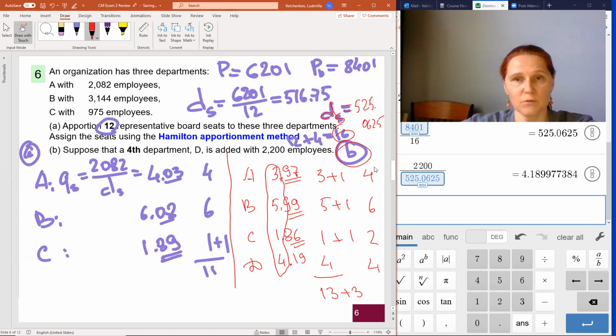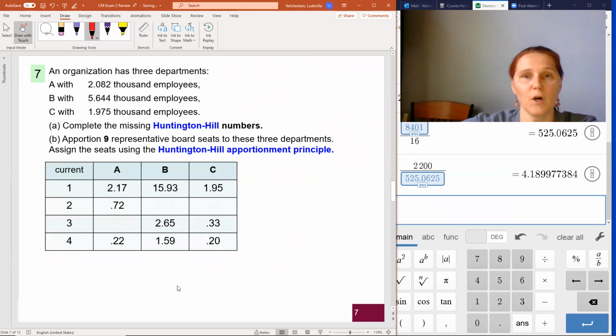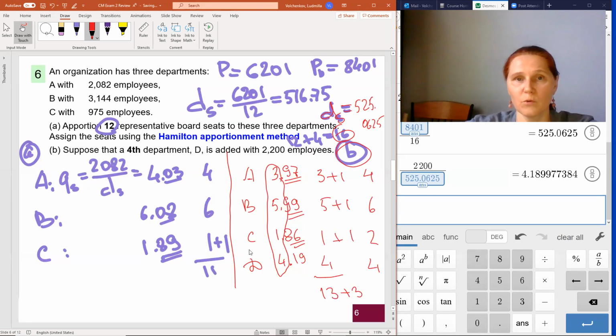You can answer that in this situation we don't, because all departments have the same apportionment 4, 6, 2 as before adding a new department. So no new state paradox in this example.